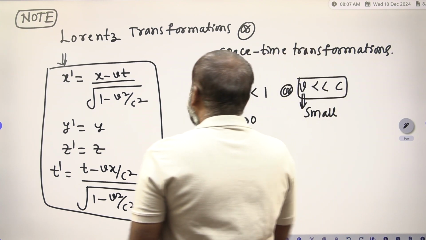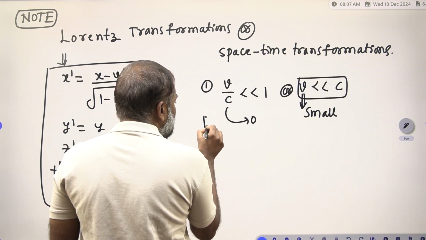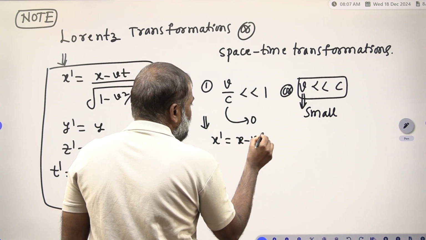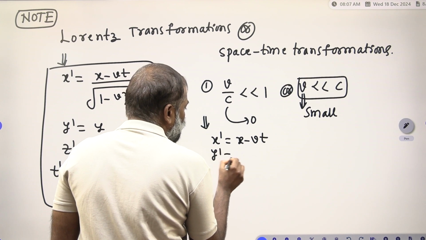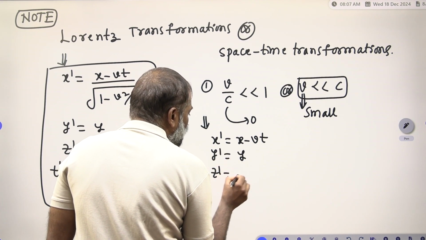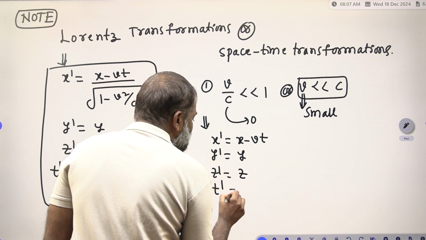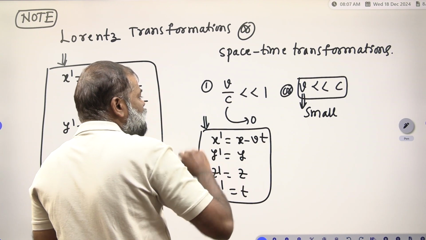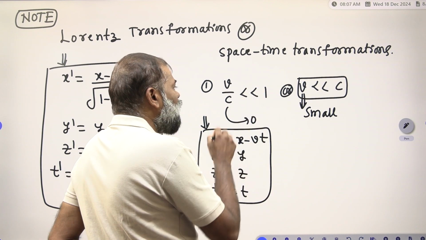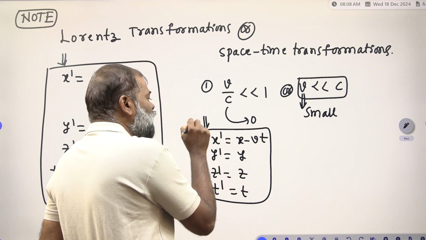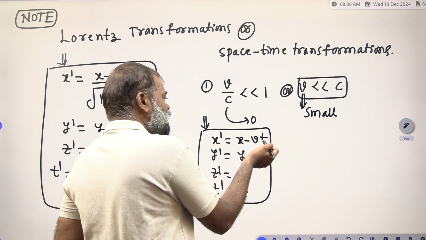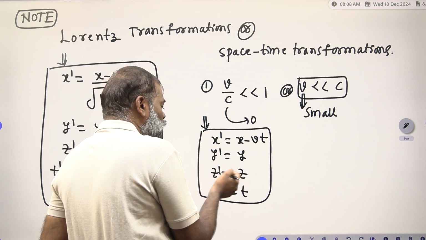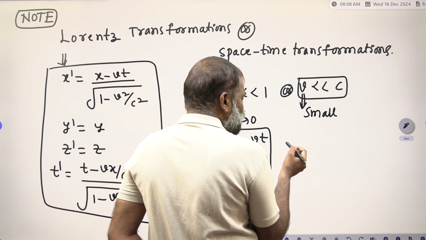So the Lorentz transformations become x dash is equal to x minus vt, y dash is equal to y, z dash is equal to z, and t dash is equal to t.